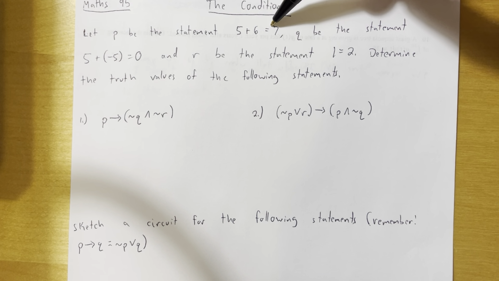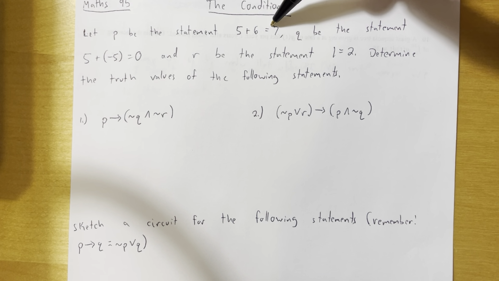Remember, in a conditional, the statement to the left of our arrow, the P here, is called the antecedent, and the statement to the right is called the consequent. If the antecedent is false, then it does not matter what the consequent is. It can be either true or false over here, and we still end up with a true conditional.